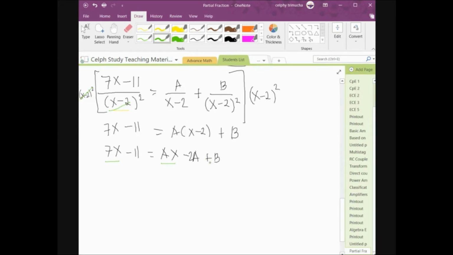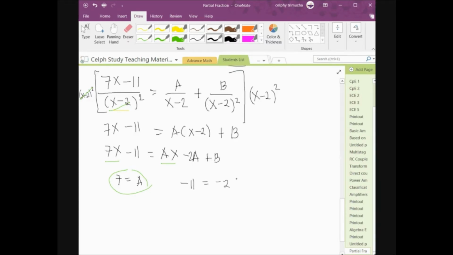So we equate 7x and ax, and we can eliminate x directly. We have 7 is equal to a. Take note, we now have the value of a. 7 is equal to a. That is the answer.